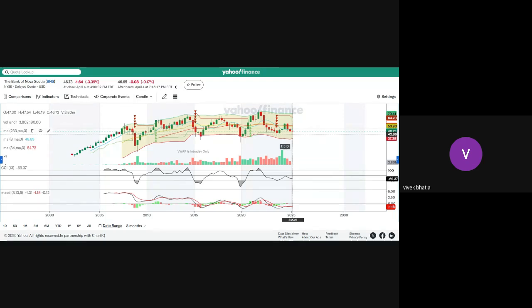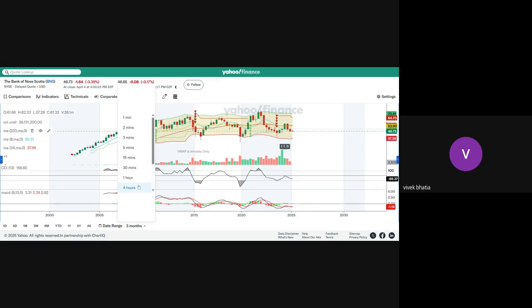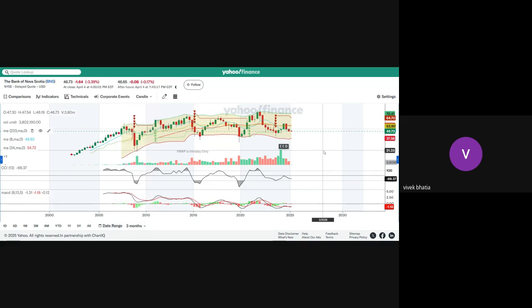Yeah, this is a quarterly chart. Now, BNS is showing strength because it's a banking stock primarily in Canada. It has its branches all over the world, but primarily Canada. So that is the reason why it is showing a strength.